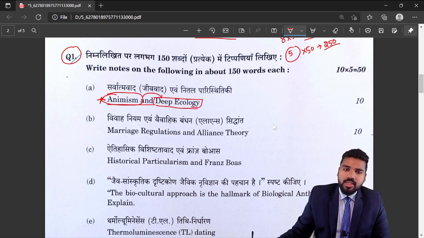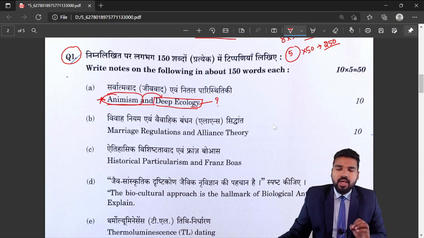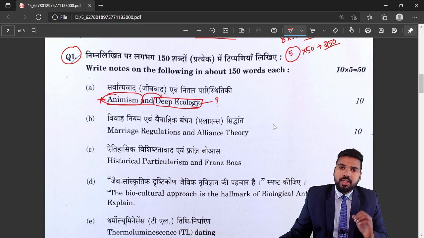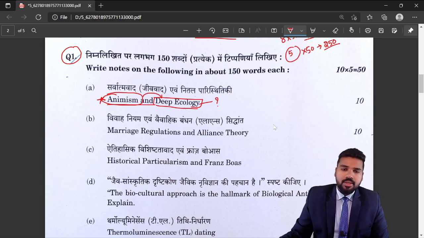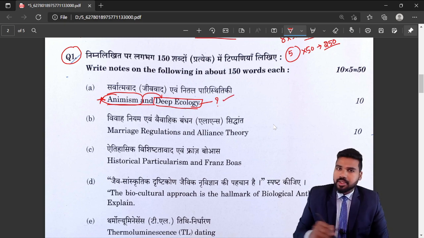So first of all, what is the meaning of deep ecology? It is an environment-centric view in the study of ecology where all living organisms, including plants, animals, microorganisms, are given due respect and equal rights, and the conservation of such organisms is given more emphasis.